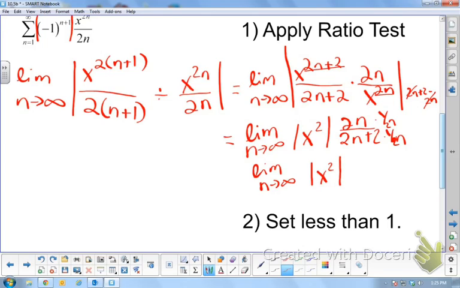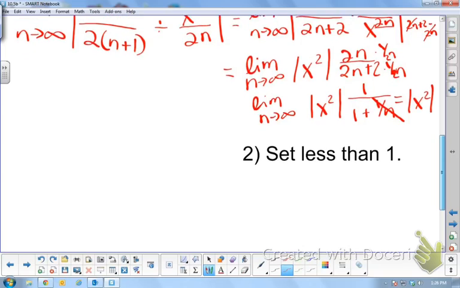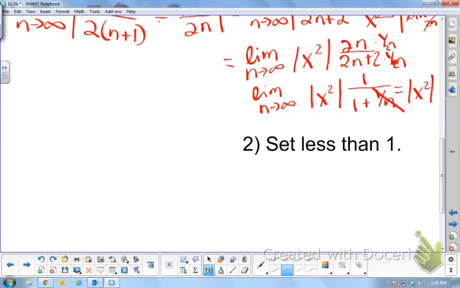If we do 1 over 2n, we'd have 1 over 1 plus 1 over n. Now what happens when we plug in infinity into n? This piece here is 0. So our limit is absolute value of x squared. So now we took this and set it less than 1.